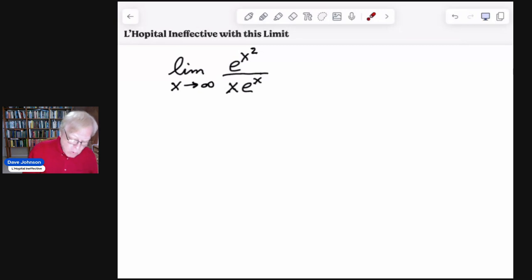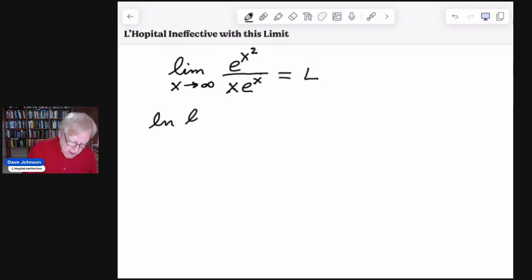So, the standard way of doing a problem like this would be to set the whole thing equal to L. There are other ways to do this, but we'll just set this limit equal to L, assume that a limit exists, and then take the natural logarithm of both sides.